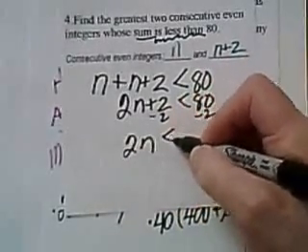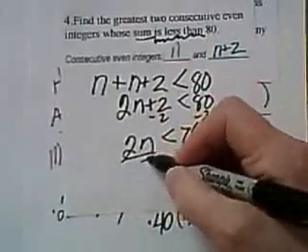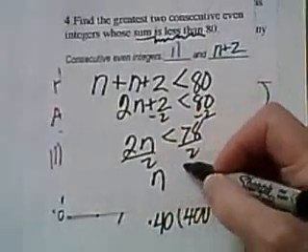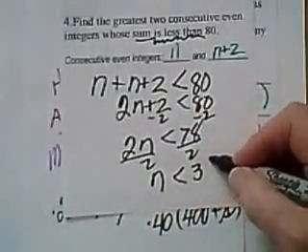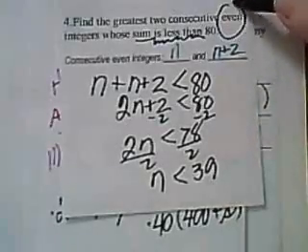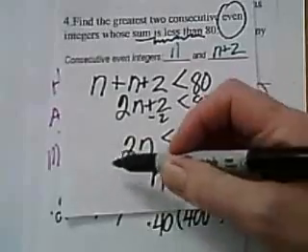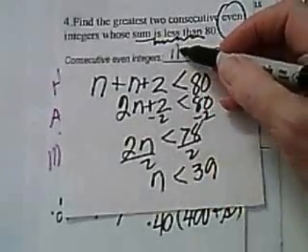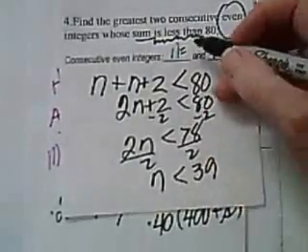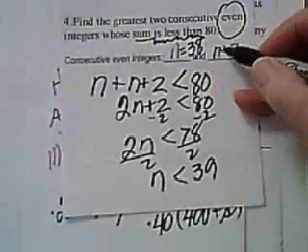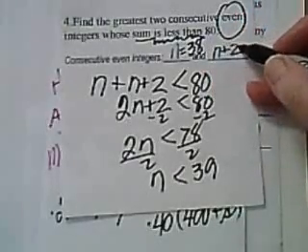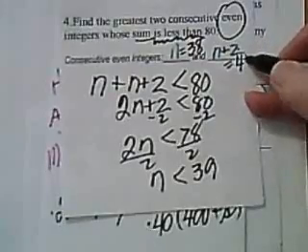So 2n is less than 78, divide. So n is less than 39. So we're looking for even numbers that are less than 39. So we substitute in here, the n would have to be 38, and the n plus 2 would be 38 plus 2, or 40. So those are the two solutions there.